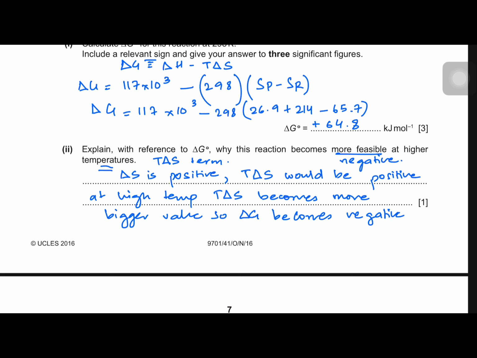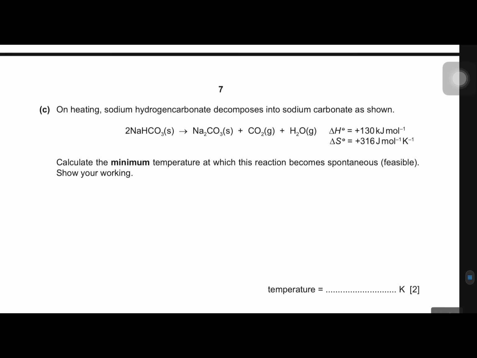By bigger value, I should say at high temperature T delta S becomes a bigger negative value. You don't have to write this entirely. The keywords are delta S is positive, T delta S would be positive, delta G becomes negative. This is your keyword. The other thing is just to over explain stuff.